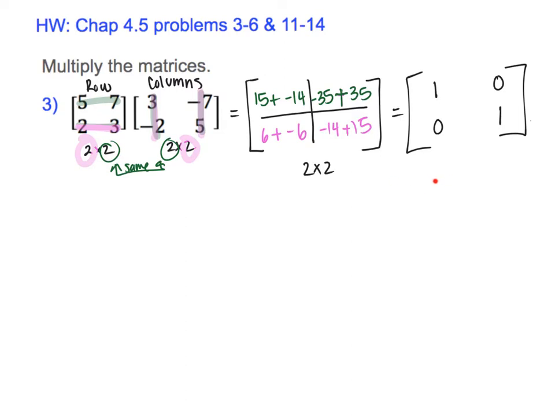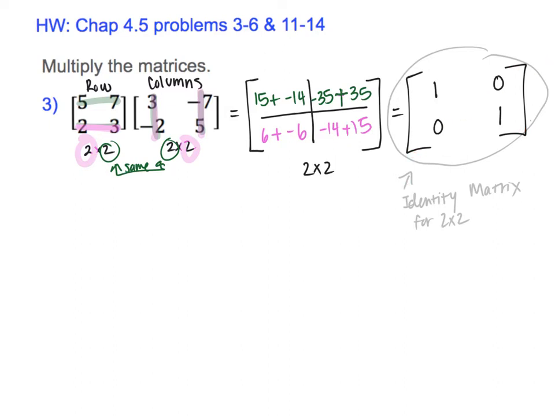Now I just want to go over something special about this matrix. This type of matrix here is what we call the identity matrix, and it's specifically for a 2 by 2. The identity matrix is where you have a diagonal of 1s and the rest of the numbers are 0s.